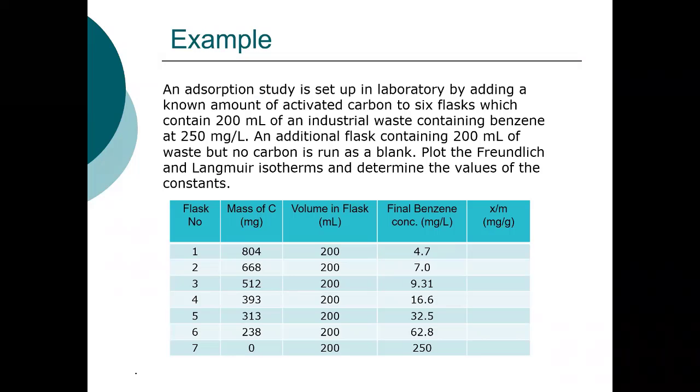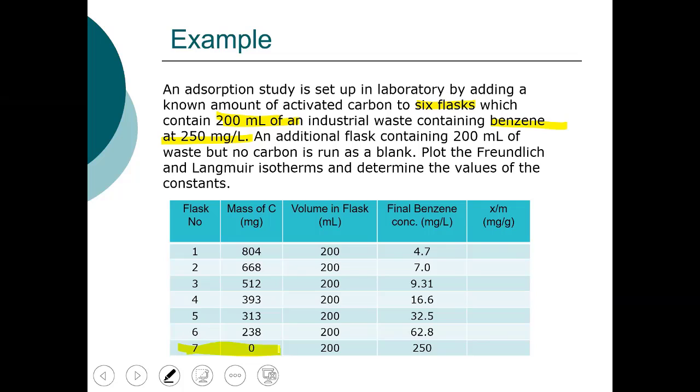So we can do an example here where now we have the situation where we've got 6 flasks. Each of them contains 200 milliliters of a solution that contains benzene at 250 milligrams per liter. We have an additional flask shown here that contains benzene but no carbon.